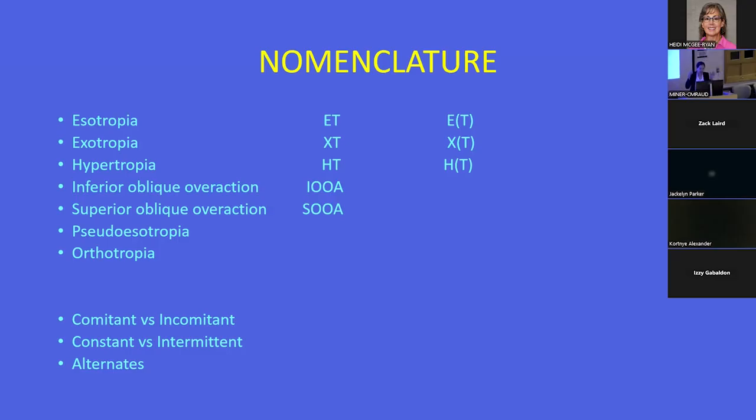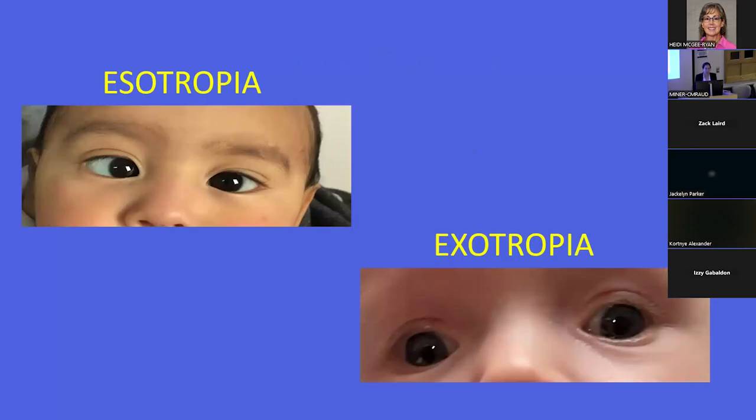That actually tells me that the left eye, for example, has good visual acuity and the right is a little amblyopic or has a little bit of a lazy eye. So when we see alternating, that's actually good because that means that more or less the patient has the same vision in both eyes.